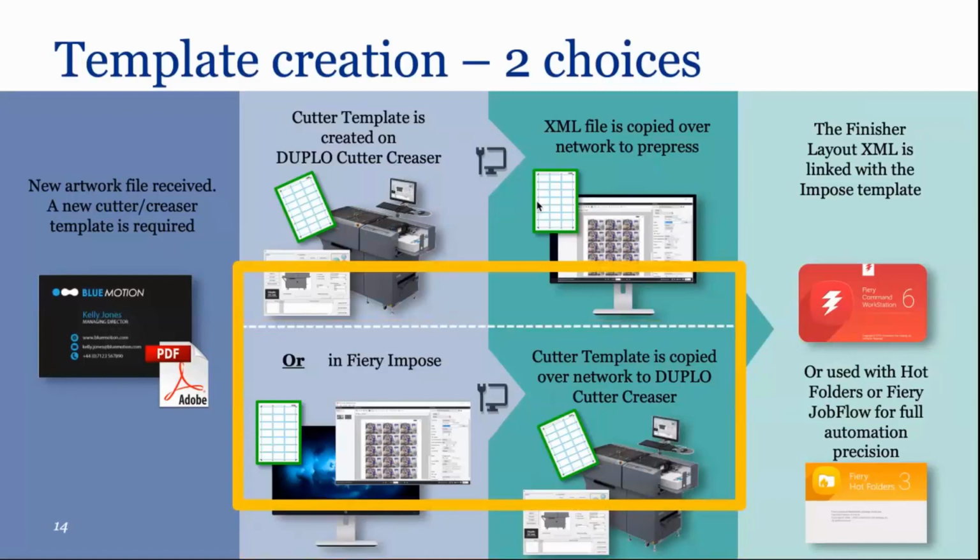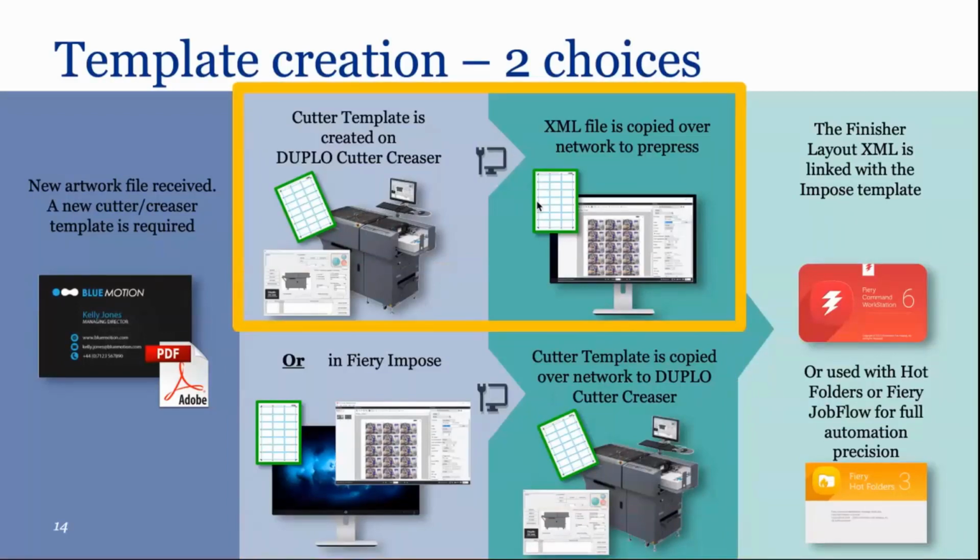The other choice is through an XML integration. This choice is currently only available for DUPLO finishers, and this integration is most suitable for jobs with custom layout and finishing requirements.